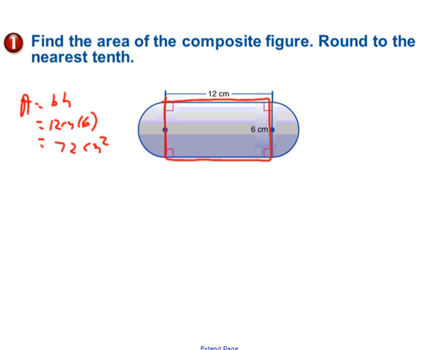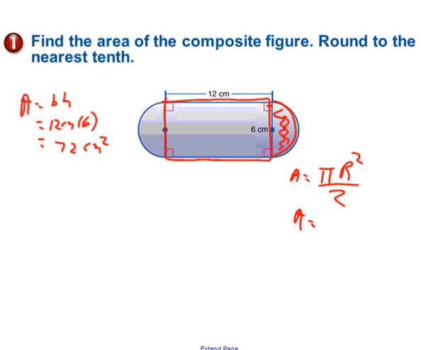Now I'm going to look at this circle, or half circle, and I'm going to say the area of this half circle that I've colored in here, area of the circle is equal to, if I remember the area equation for a circle, it's pi r squared. Since I'm only dealing with half of the circle here, I'm going to take that number and divide it in half when I'm finished.